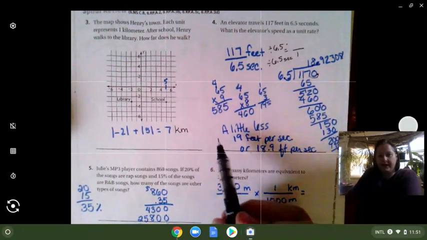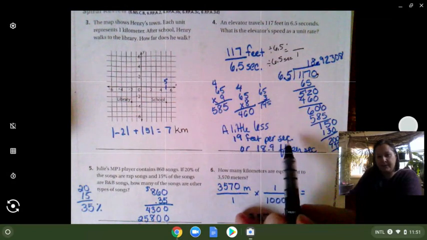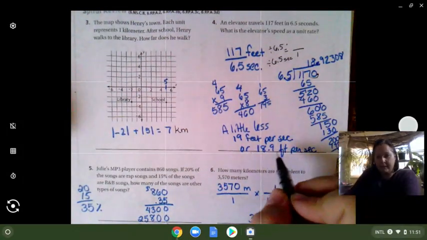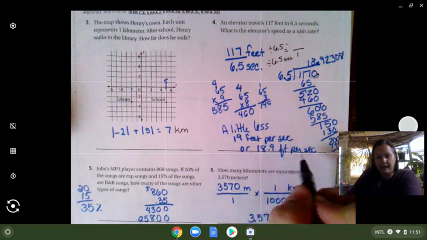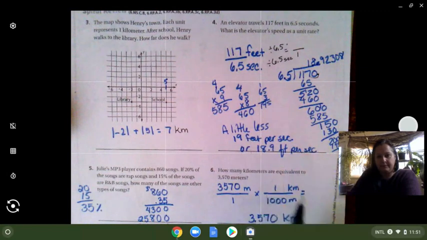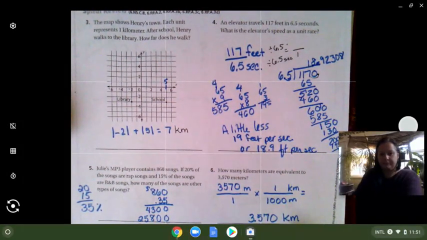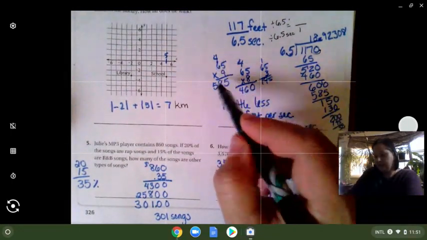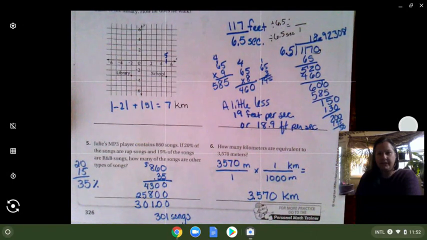So you're going to have a little less than 19 feet per second. So it'll be 18.9 feet, maybe a little bit more than that, but it is going to be right around 19 feet per second. All right. Okay. And this multiplication was just to figure out my division problem here. So if you use a calculator, you can just write down what your calculator gave you.